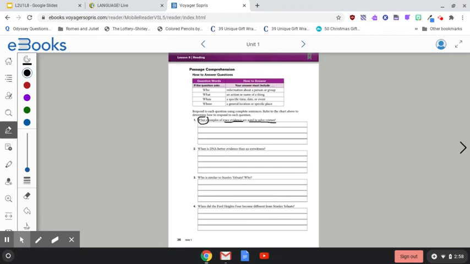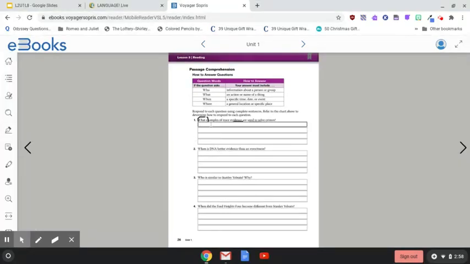How shall we start our answer? I'm going to start by saying trace evidence such as. Next, I can use information in the text to provide the best answer. So let's look at number 1 in its entirety.